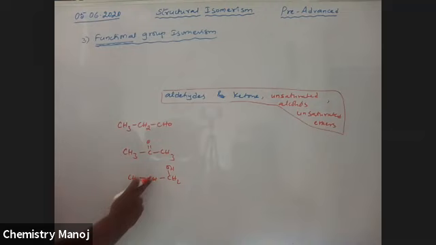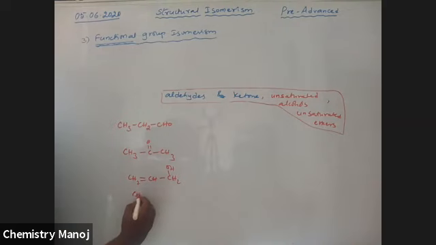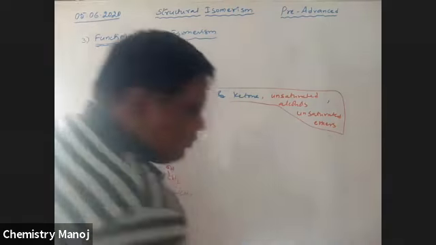That means a double bond with alcohol. Next, unsaturated ethers, that is CH2=CH-OCH3. So here is unsaturation.